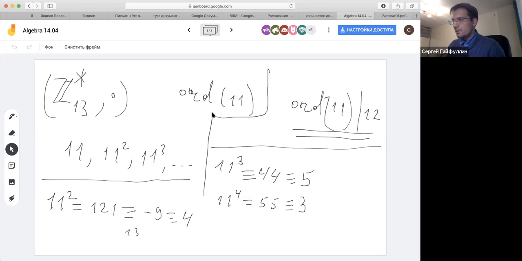Okay, then 11 to the fifth equals 33. It's equal to minus 6, which equals 7.